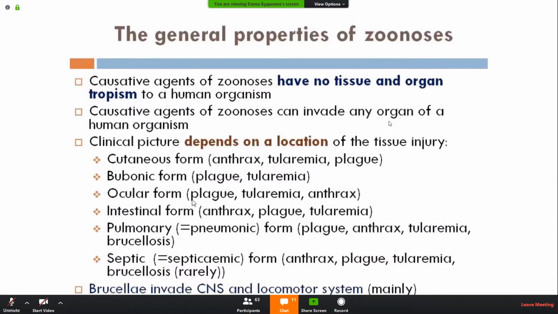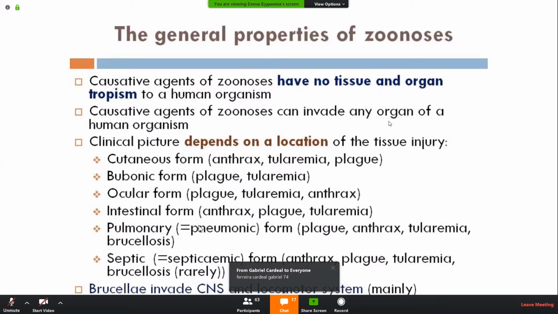It can be an ocular form acquired by contact route when you touch your eyes with dirty hands or utensils. It may be an intestinal form if bacteria are ingested, pulmonary, and the most dangerous, septic form. Pulmonary form can be shared from human to human. It is not the case for other forms, but for the pulmonary, pneumonic form of plague and anthrax, it may cause even outbreaks in a human population.